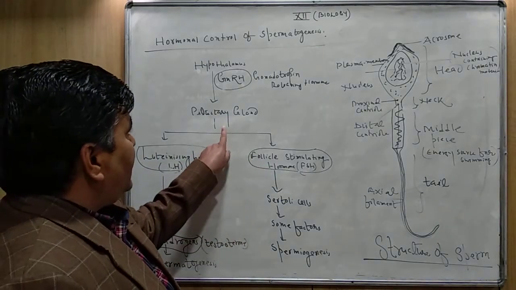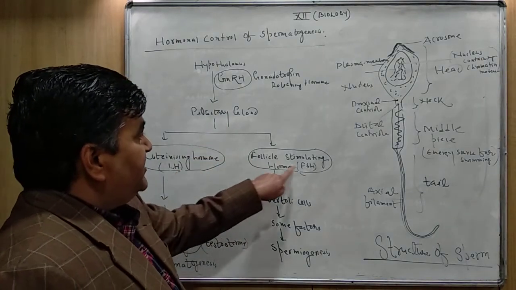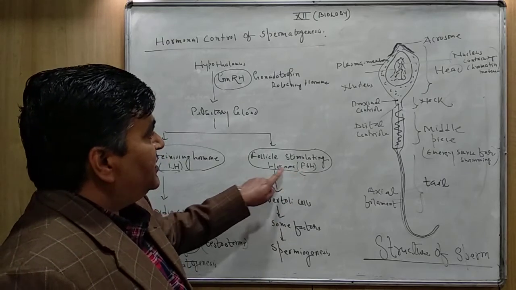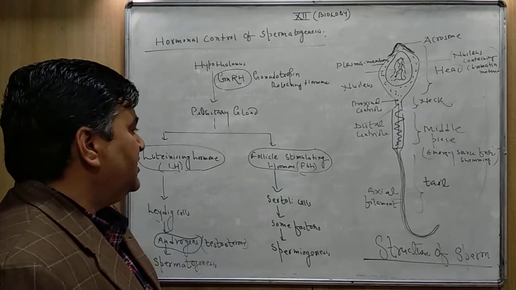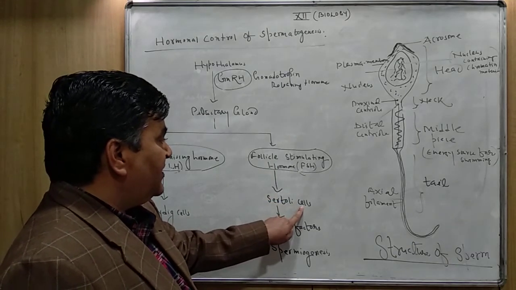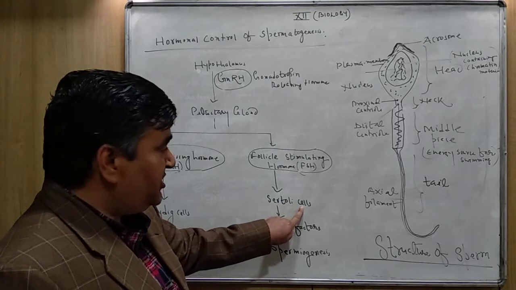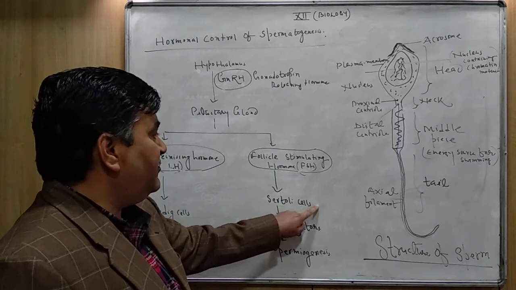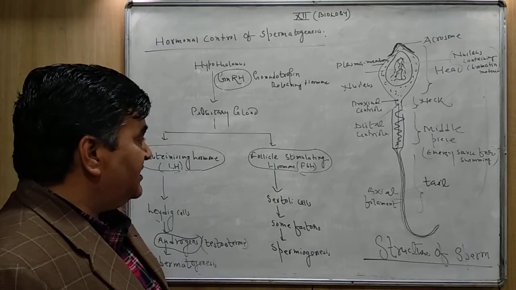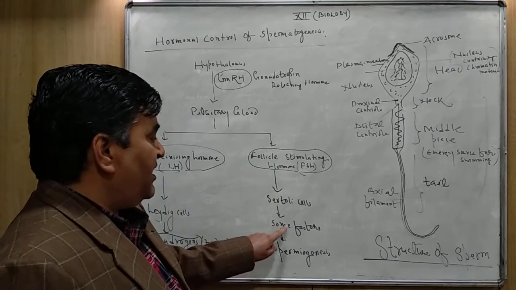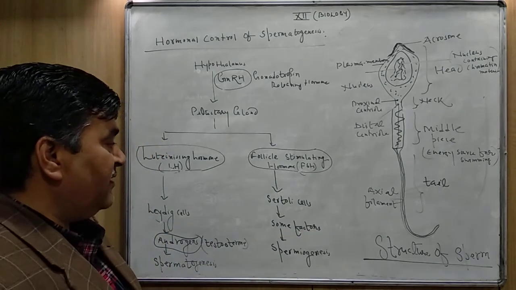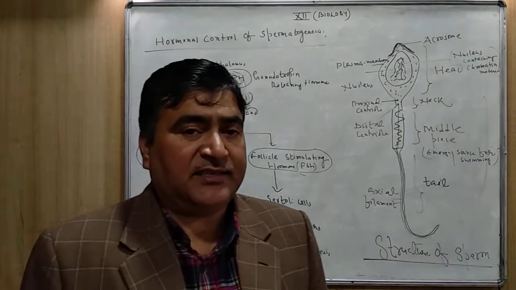Now, the pituitary gland secretes this hormone also, FSH, follicle stimulating hormone. The follicle stimulating hormone stimulates Sertoli cells, which are present inside the testes, as part of the seminiferous tubules, and the Sertoli cells release some factors, and these factors are responsible for the process of spermiogenesis.